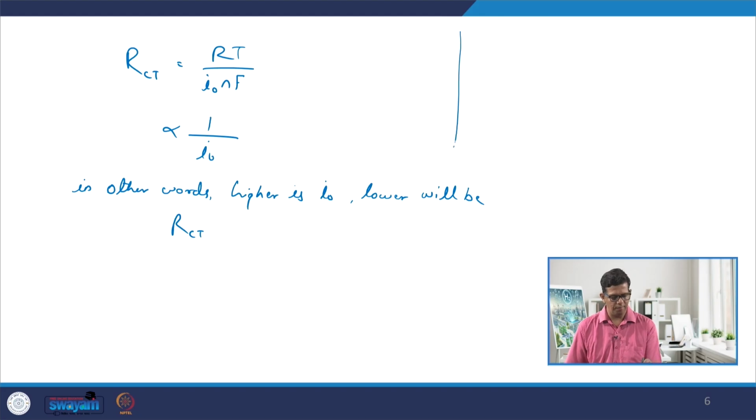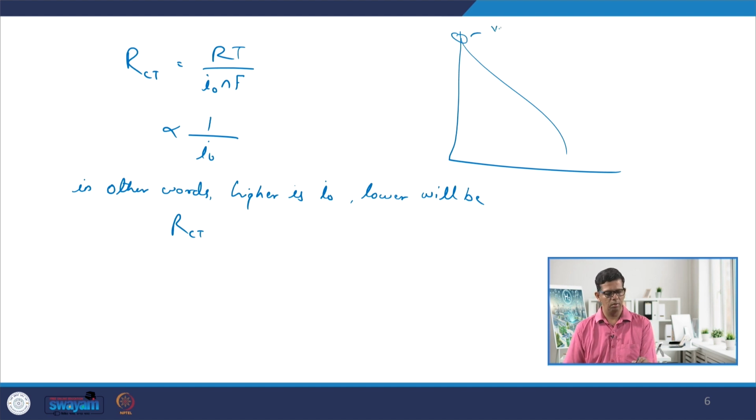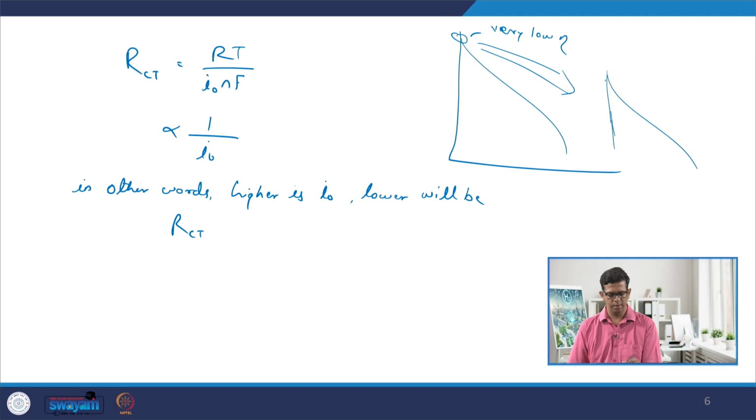If I have an IV curve, and you focus on very low etas, so if I zoom in here, it will be something like this. This is, let us say, your open circuit potential, and if you are operating at this E, this is your eta activation, which is typically 5 to 10 millivolt.